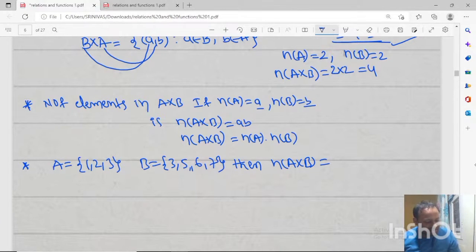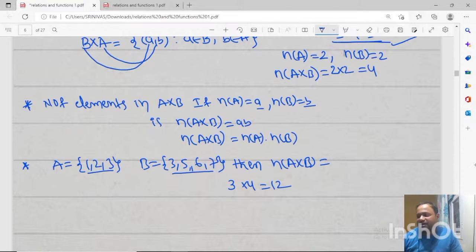Tejas Aure, try to say the answer. Very simple. What is the answer? The answer is 3 into 4. So 3 into 4, the answer is 12. Very simple. So that is the number of elements in the Cartesian product.